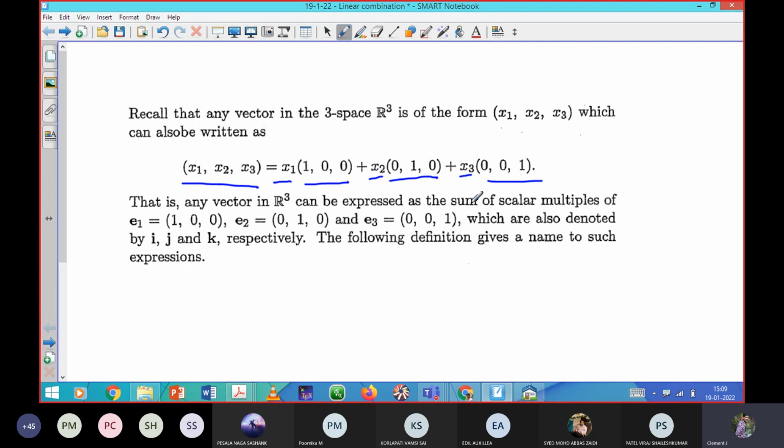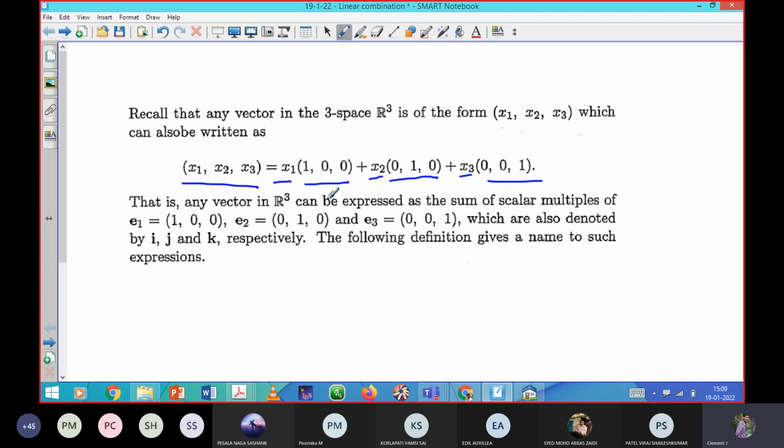Here, the 1 0 0, 0 1 0, 0 0 1 are e1, e2, e3, and the scalars multiply these. That's what they have written here.